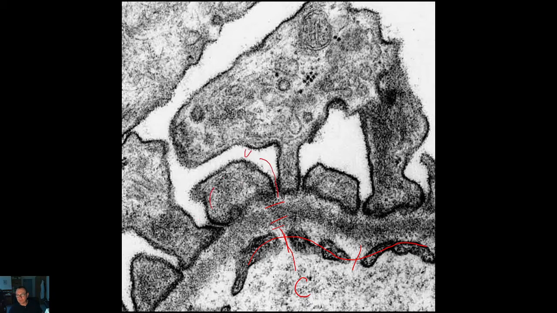This is one pedicel of the podocyte. Here is another pedicel, another one, and you can see that these two are surely branches of this primary process, but probably this one is a branch of another primary process. Yes, okay.